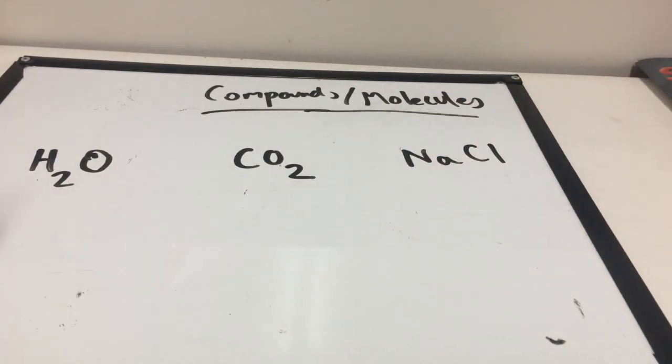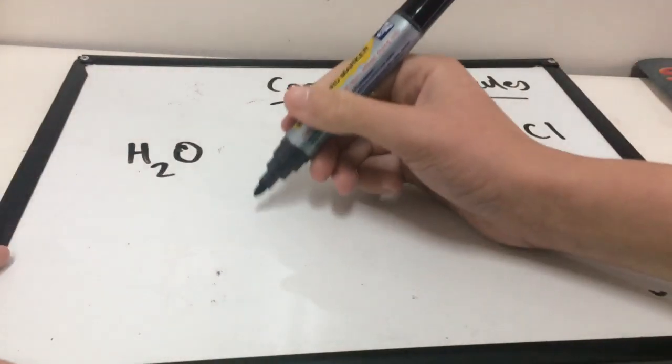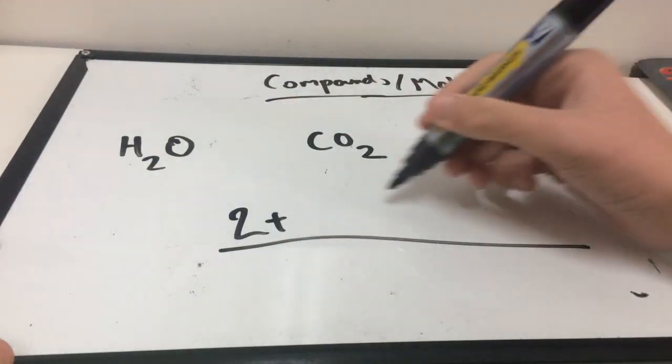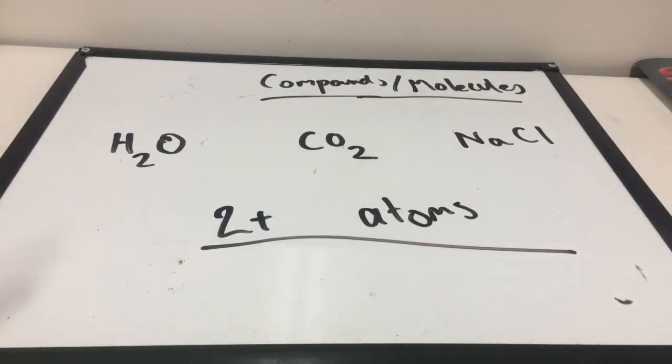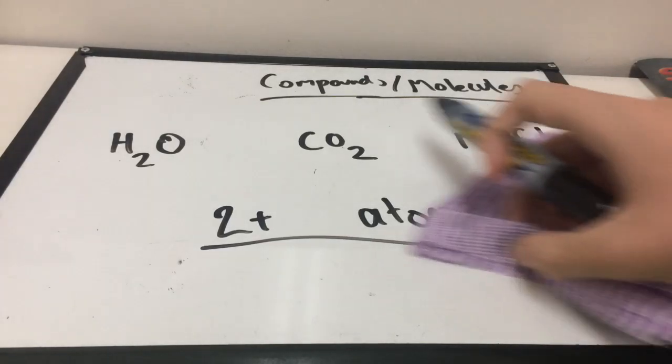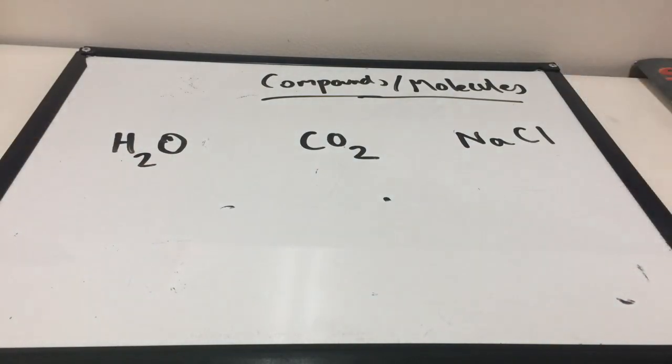Compounds or molecules are made up of two or more atoms. We say that 2 plus atoms makes up a compound. If it's just one atom, it's an element: just oxygen, iodine, nitrogen, hydrogen, helium, whatever you want. They're just elements. But if we add 2 or more, and we chemically bond them together, we get these compounds.